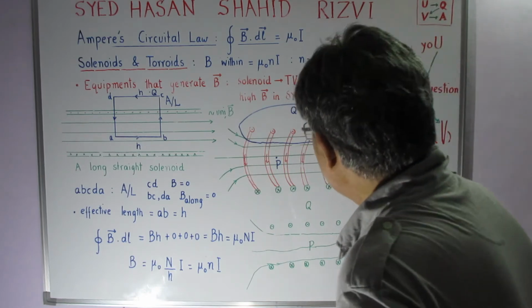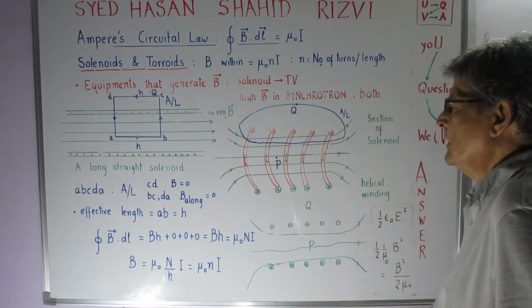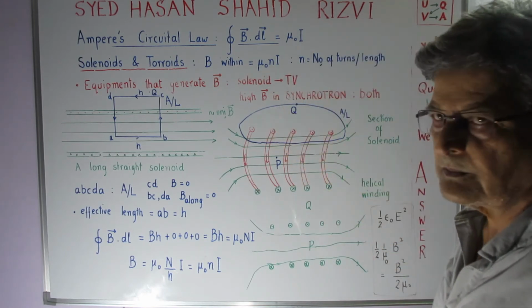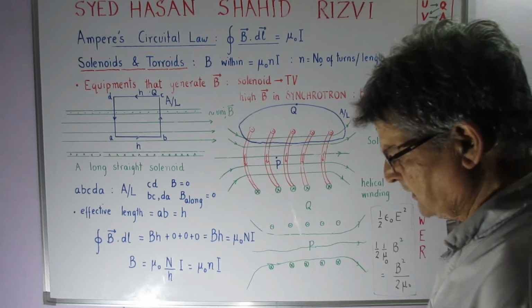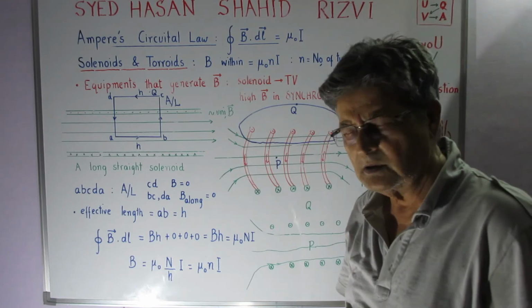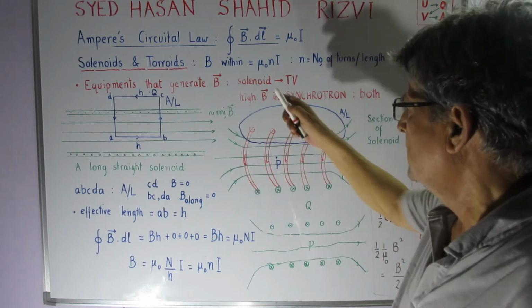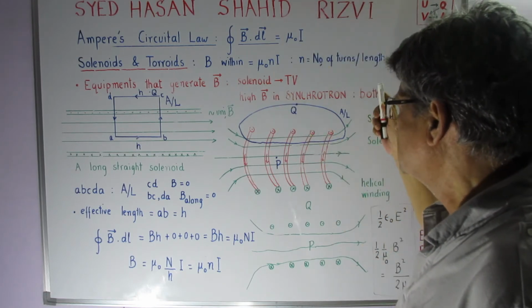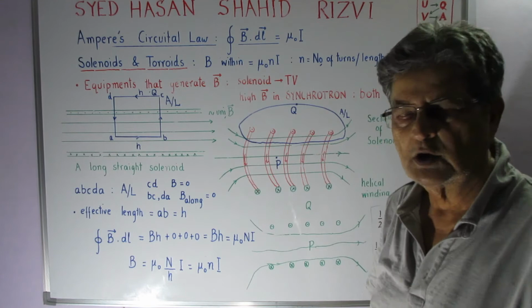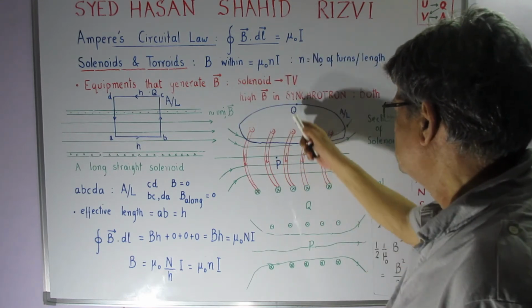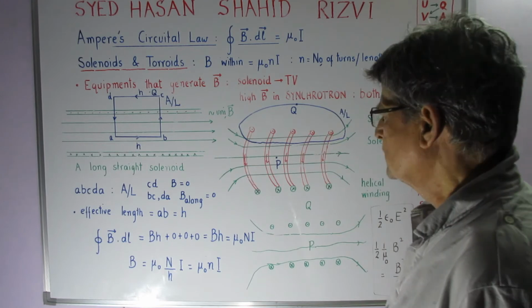But in synchrotron, high magnetic field is required. Synchrotron is a device just like cyclotron, and there both the solenoid and the toroid are used to obtain this very high magnetic field, which is desired in the case of synchrotron.